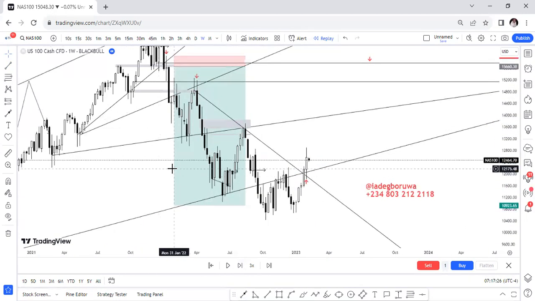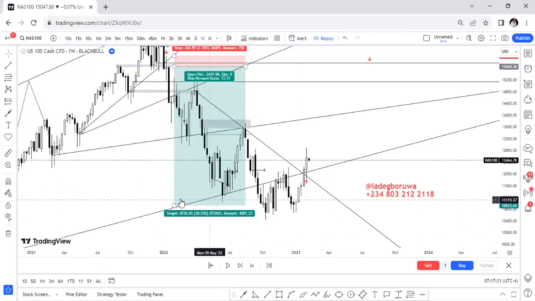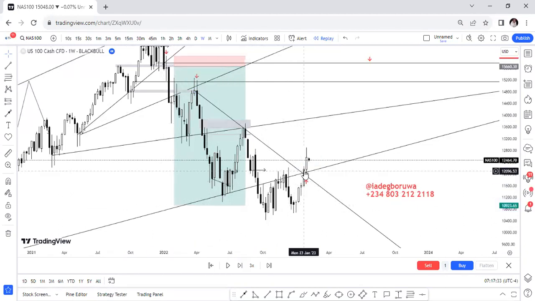Then this is the other one here. Can you see this one? It intersects with this exactly at the right place here. Then we have our this thing here.